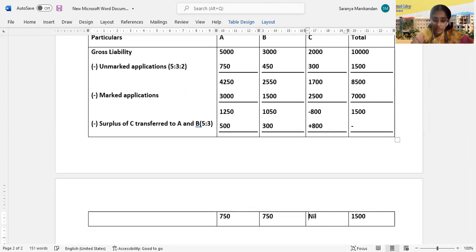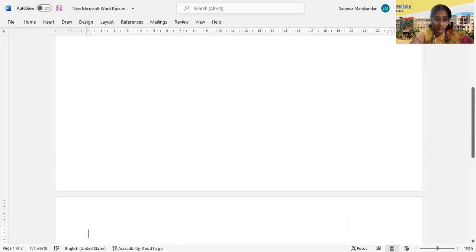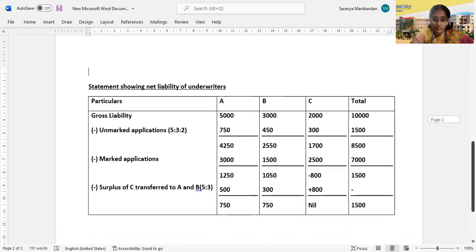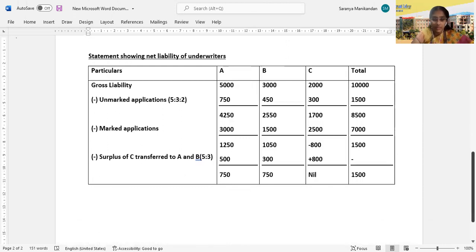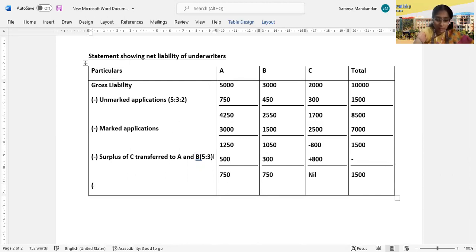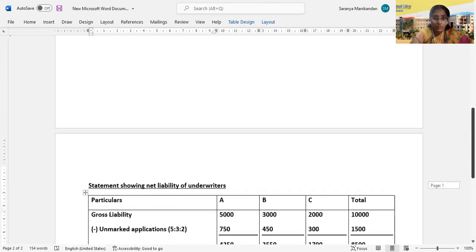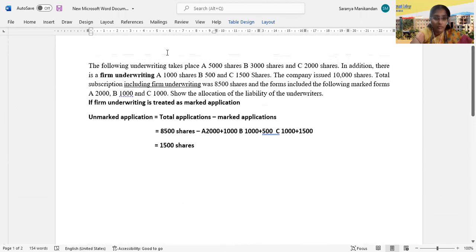Once again, I will bring this table down. So we got 750, 750, nil, 1,500. Then our last step: we need to add the firm underwriting. Going back to the question, it is given as 1,000, then 500, then 1,500. So we will put it here.